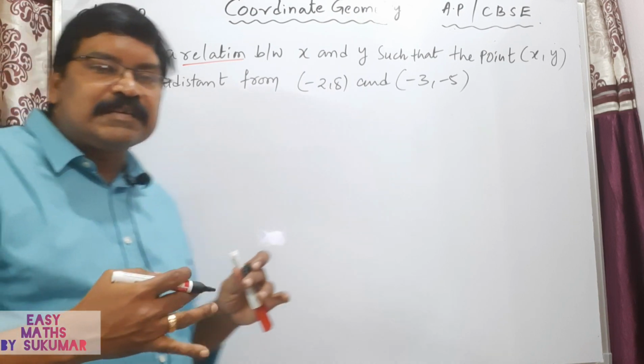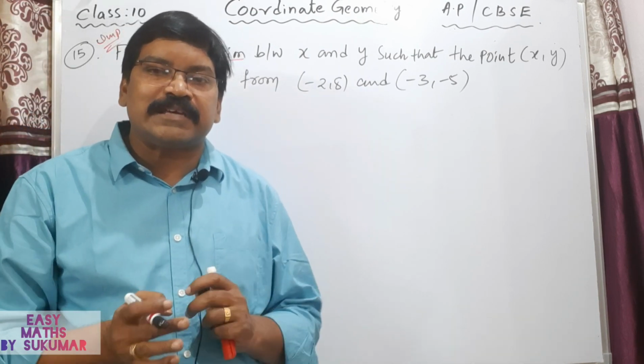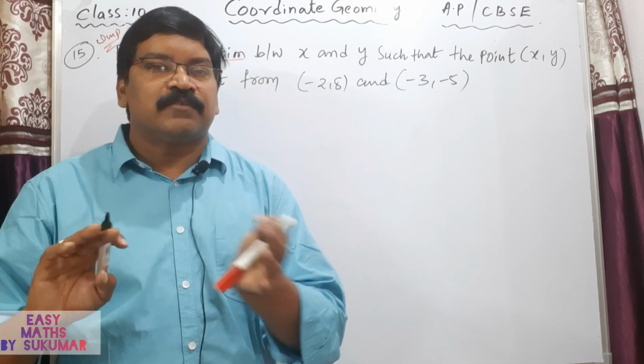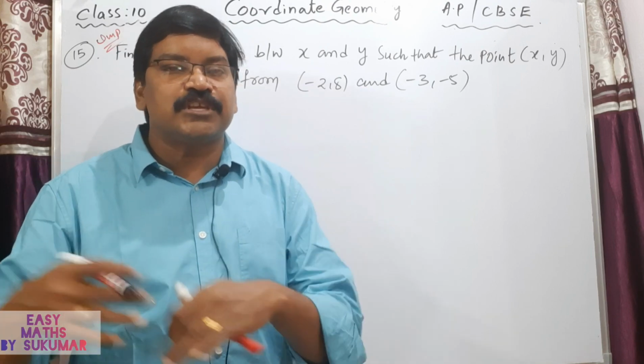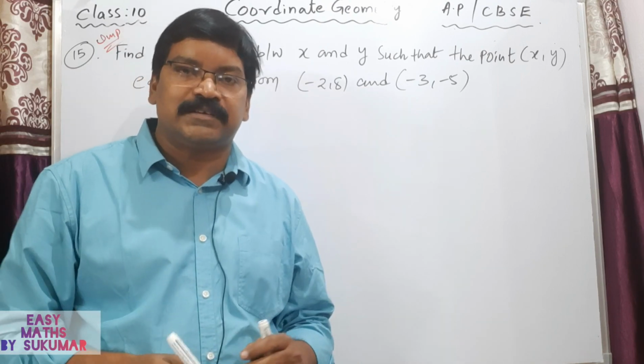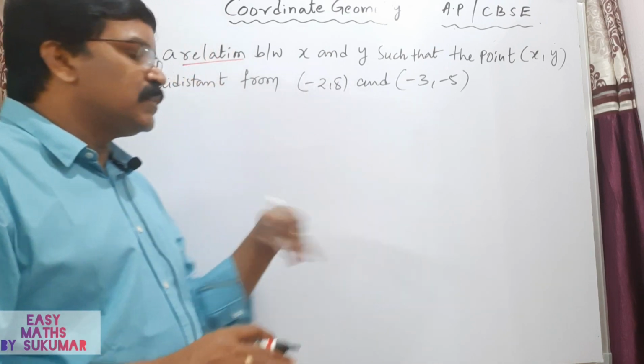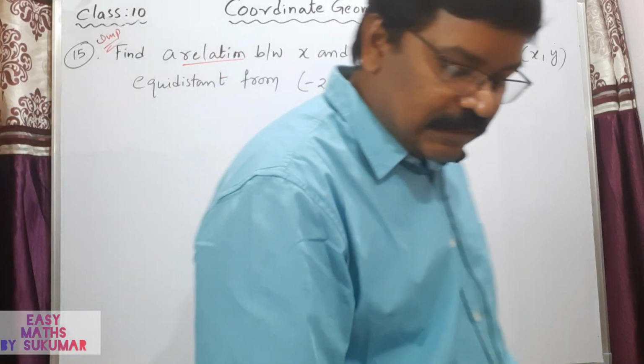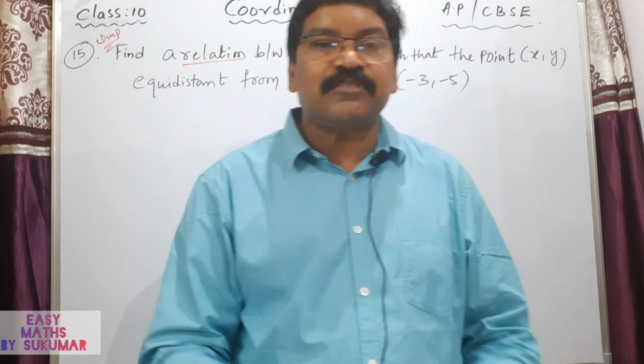This is similar to the point on the x-axis, or for example, find the point on the y-axis which is equidistant from so and so. It is like the example sum and the 10th question.